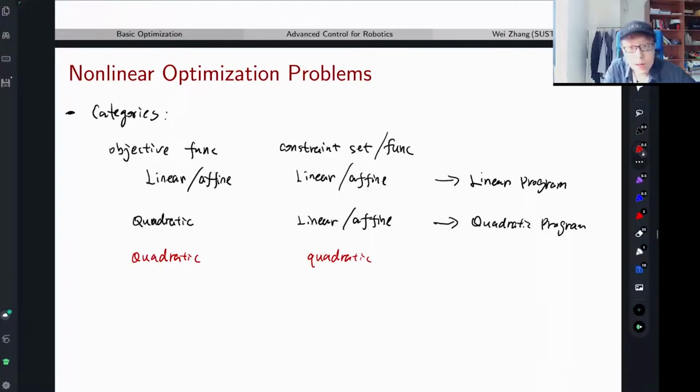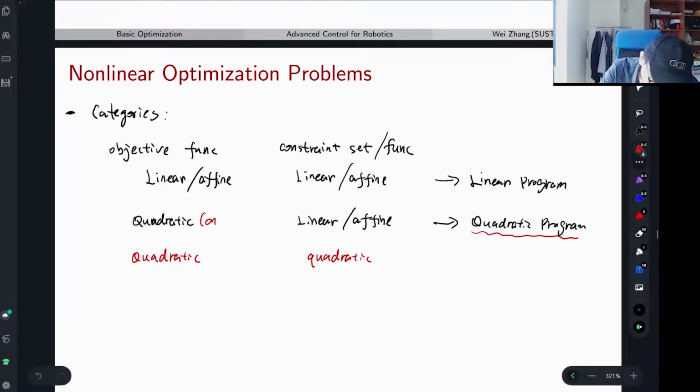Well, we know quadratic functions may not be convex. So when we say QP, typically we mean, or implicitly refer to, the cost function being convex. Let's mention that as a convention.